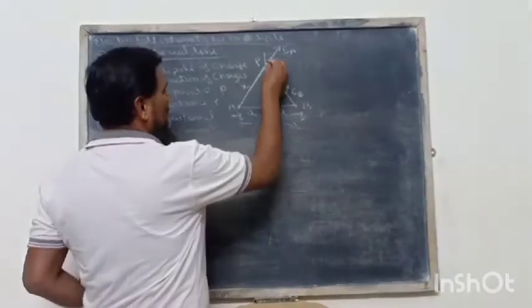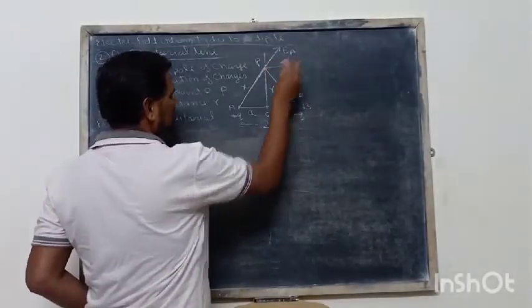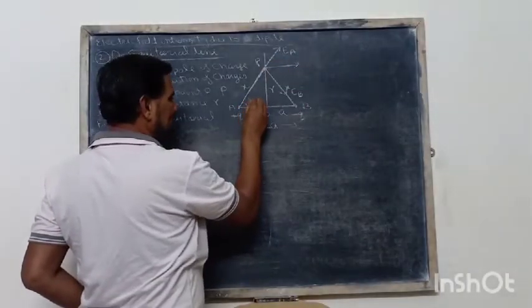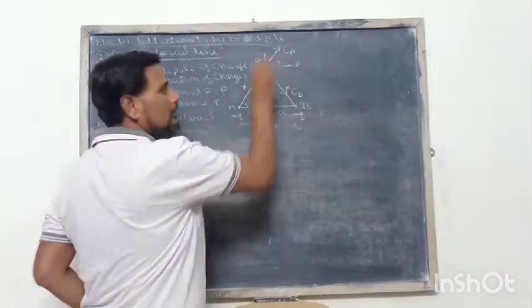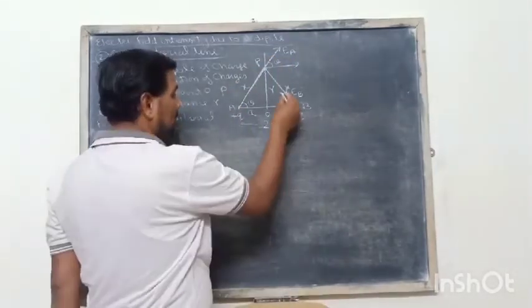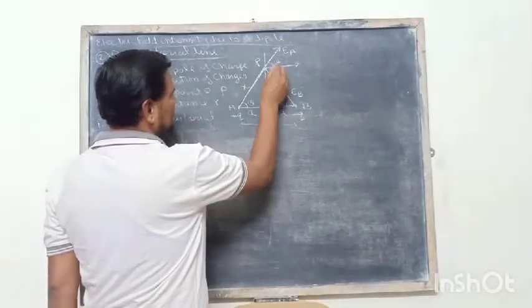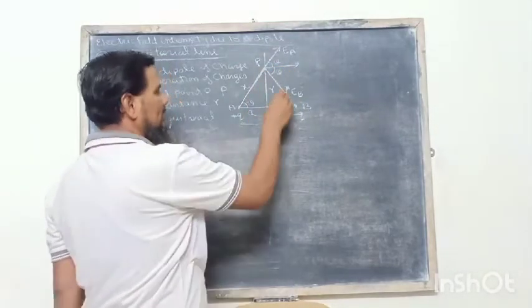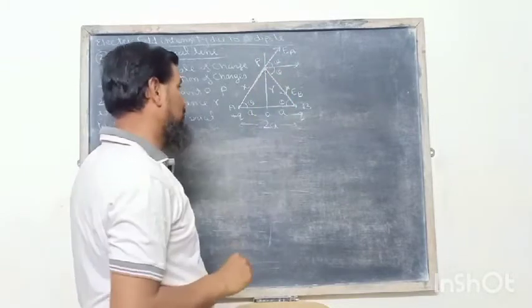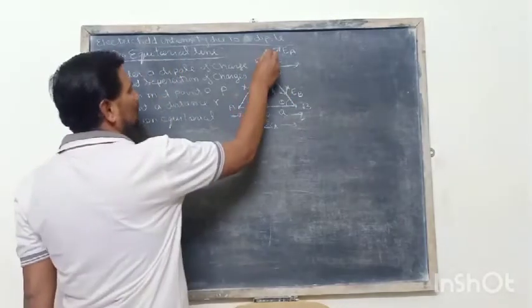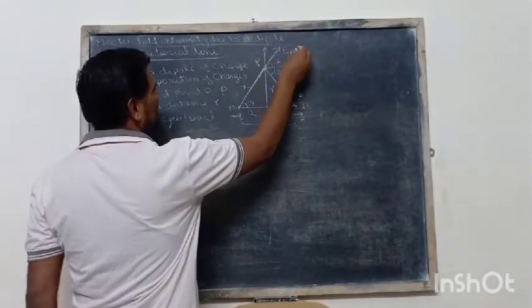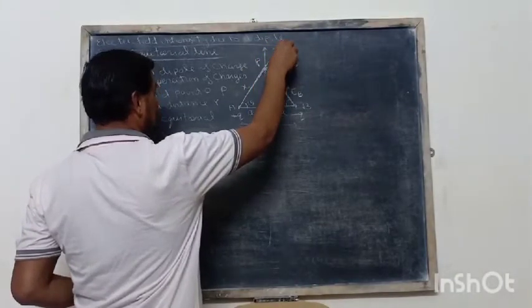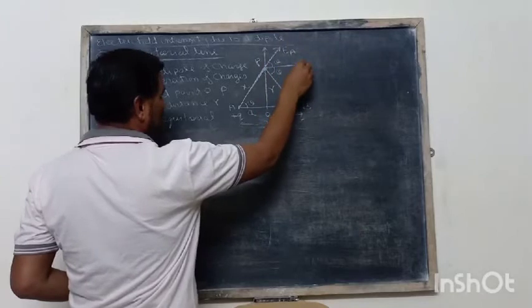Now we draw a parallel to the dipole line. If this angle is theta, then this angle will also be theta. And if this angle is theta, then this angle will also be theta. These are the corresponding angles and these are the alternate angles. Now we resolve the electric field intensity EA into components.